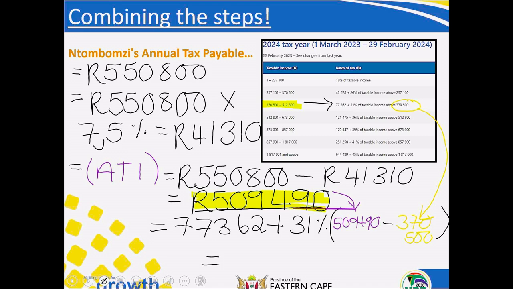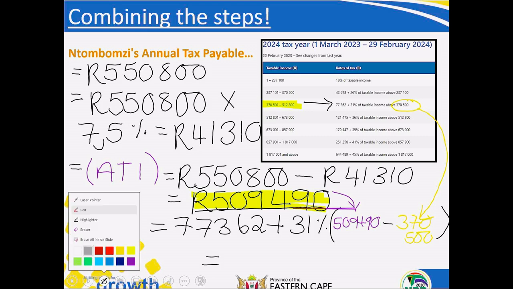77,362 plus 31%, or as I've said before, you can say 31 over 100. Open brackets. Then we input our ATI and we subtract the value given in the tax table.